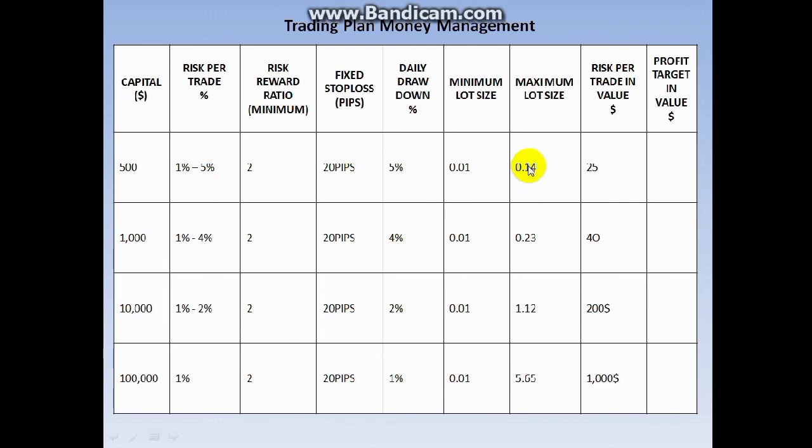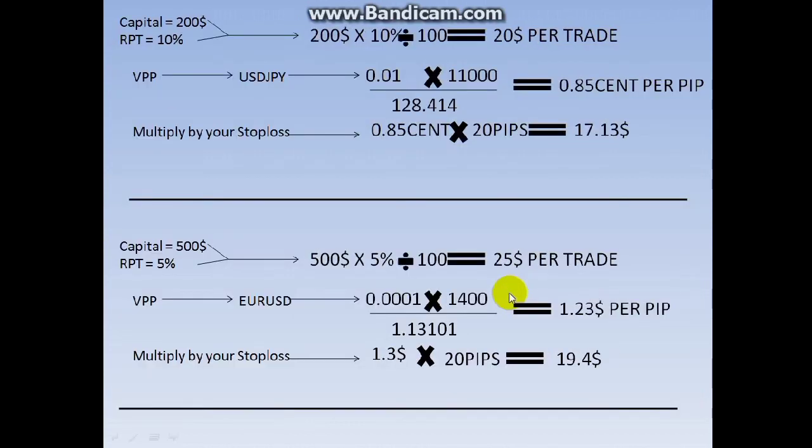This figure 1 right here is representing the mini lot size, and this figure 4 right here is representing the micro lot size. Remember, 1 representing the mini lot size is 10,000, then 4 representing the micro lot size is 4,000, right? You add them together, that will give you 14,000. So this ought to be 14,000, sorry.